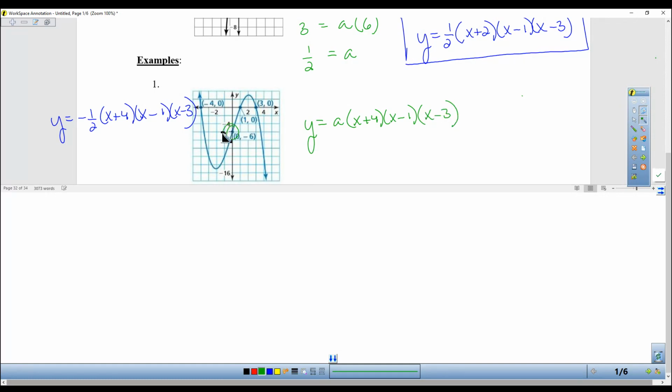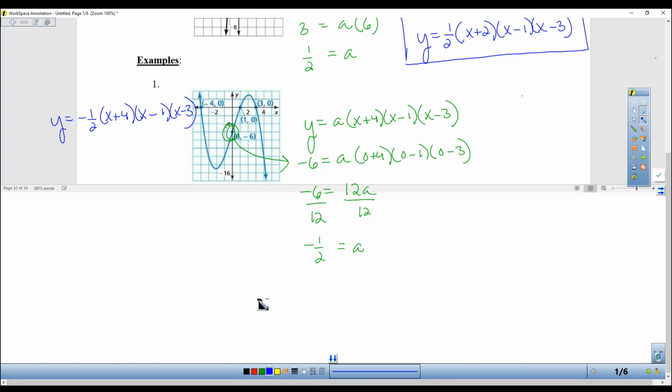But they gave us this extra point, and I'm going to plug that in for x and y in order to figure out what a is. 0 plus 4, 0 minus 1, 0 minus 3. Multiplying those together, I get 12. So 12a, I divide both sides by 12, and I get negative 1/2.